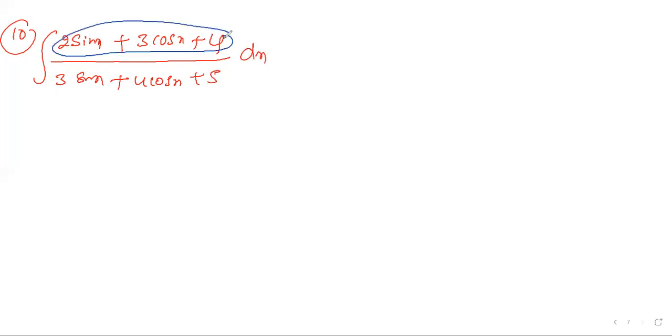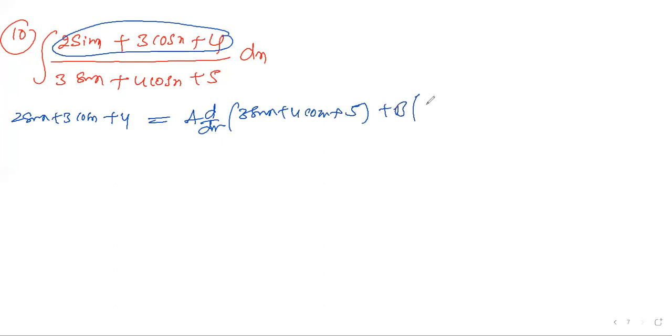Now the question looks like the same model. Here, toppers, let us take 2 sin x plus 3 cos x plus 4 equal to A into dy dx of your denominator 3 sin x plus 4 cos x. I'll go a little fast, plus B into the denominator as it is, 3 sin x plus 4 cos x plus 5, plus C. That's all.